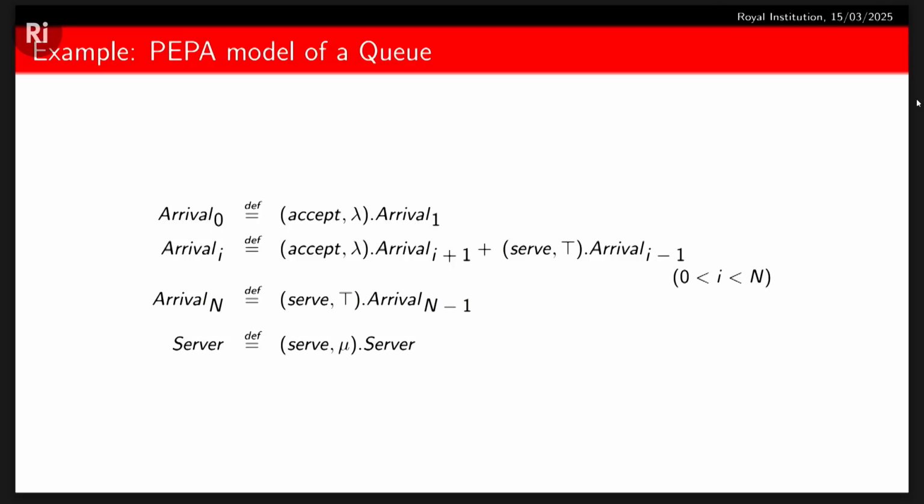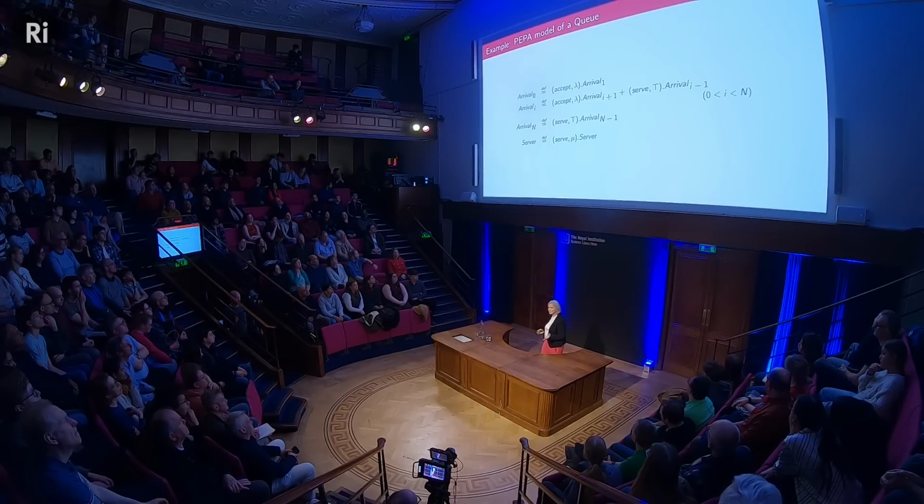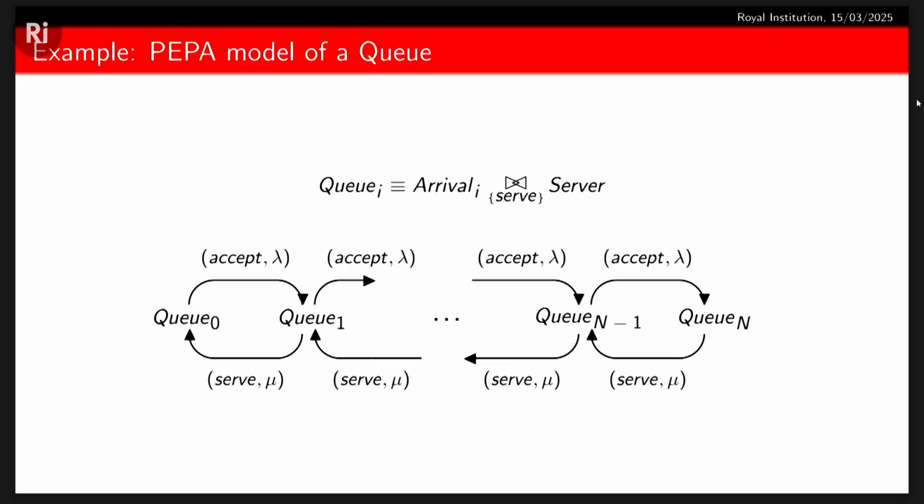When we have an arrival, we move to a system where there's 1. And then for any value i, we can either have an arrival or we can be served and depart. And then we have a server who is actually governing the speed at which the service can happen. Okay, so this is just to show you that we can capture the things that we did before. This translates into a Markov chain like this one.